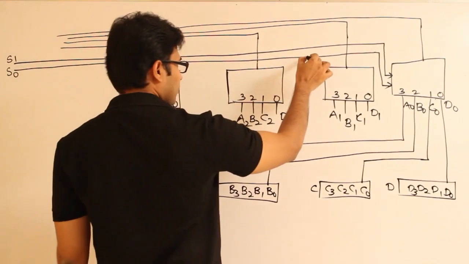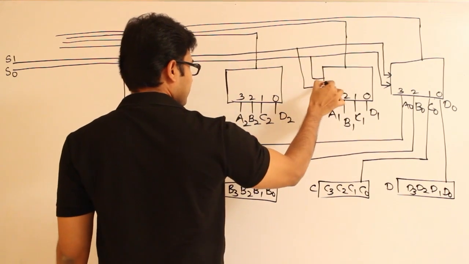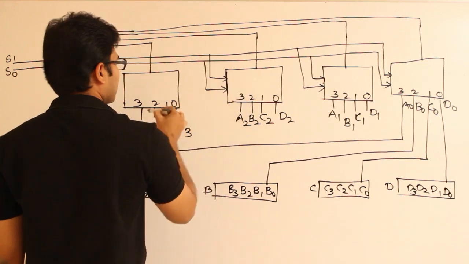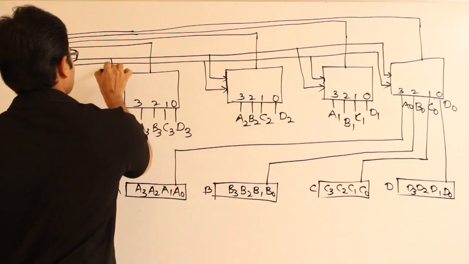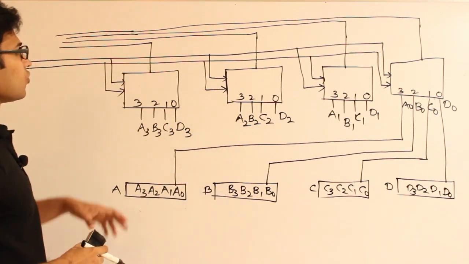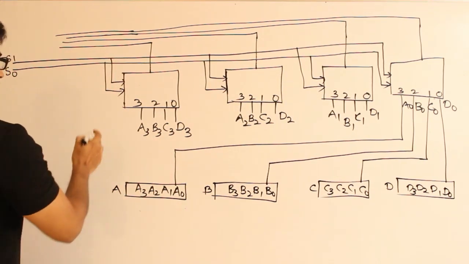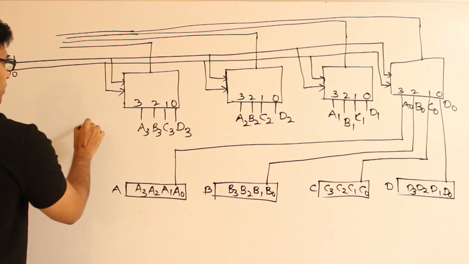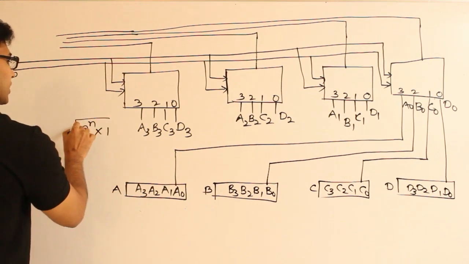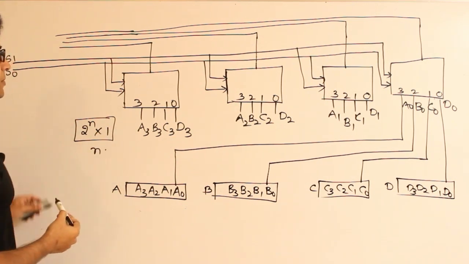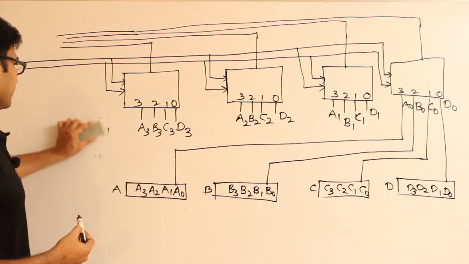Why should the multiplexer have two select lines? Since this is a 4x1 multiplexer, we are going to have two select lines. For every 2 power n by 1 multiplexer, we need to have n select lines. Remember that.